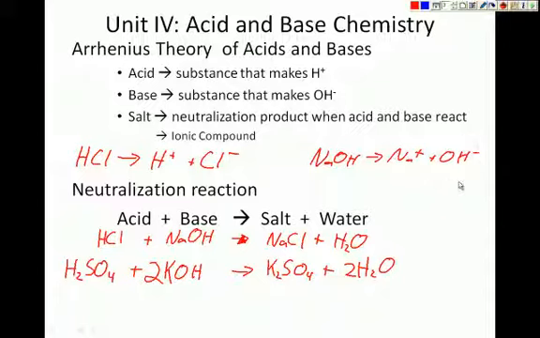Since it makes an OH-, we call it a base. Now a salt is just an ionic compound that is a product of an acid-base neutralization. So this would be our salt from this reaction, NaCl, and this would be our salt from this reaction, K2SO4, potassium sulfate.